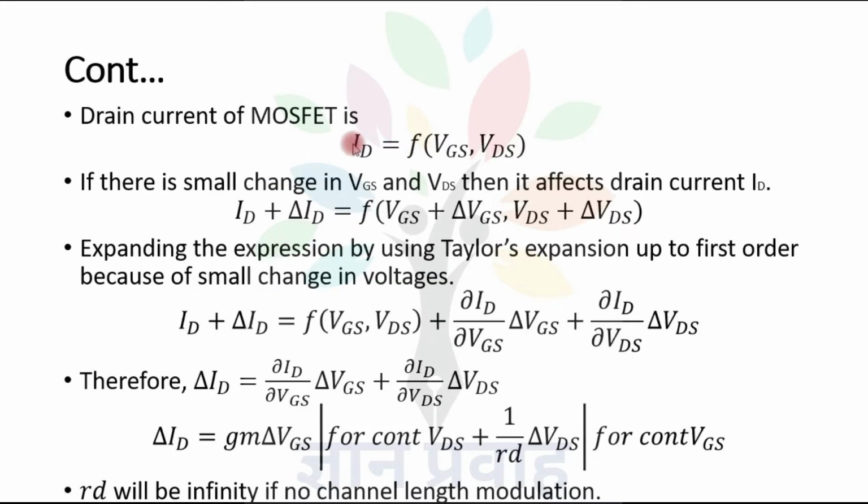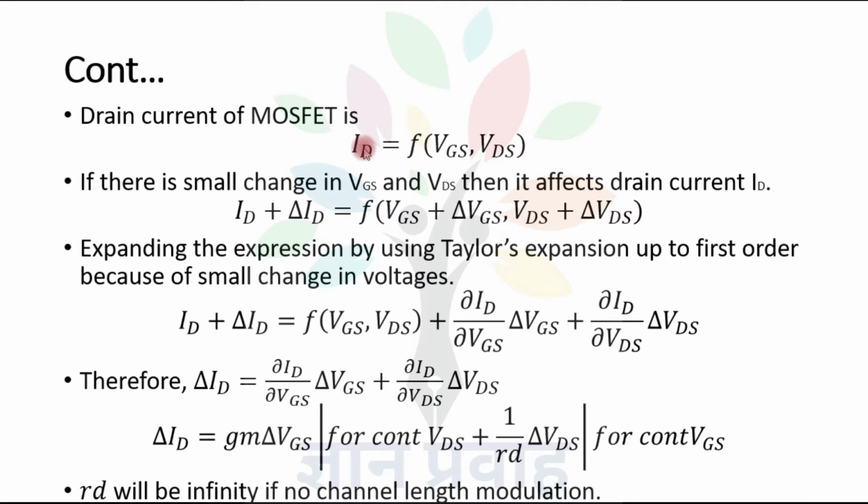The DC drain current of a MOSFET is a function of gate to source voltage and drain to source voltage. VGS and VDS are the DC voltage levels, while ID is the DC current for a MOSFET device. If we apply an AC input signal, then there is a small change in VGS voltage and a small change in VDS voltage.